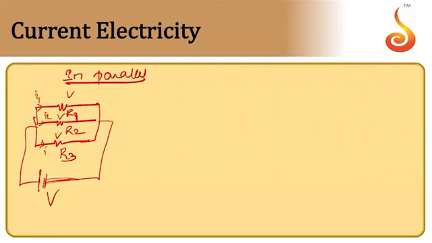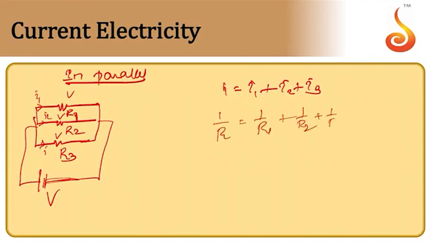So a parallel combination is identified by the fact that the voltages are the same and the currents add. Therefore, the net current is given by I1 + I2 + I3 etc. and the equivalent resistance is given by 1/R = 1/R1 + 1/R2 + 1/R3.